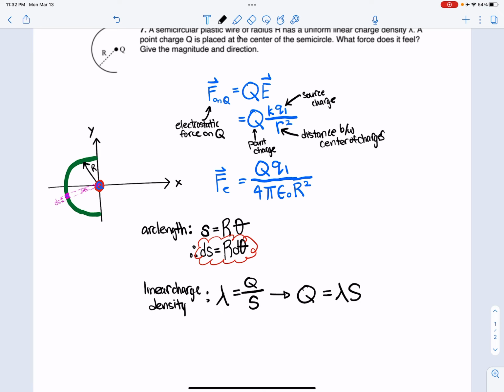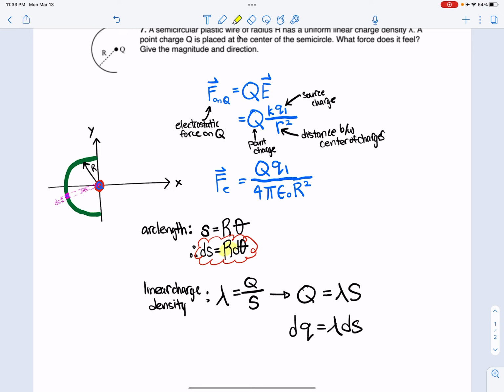So this little charge I have right here is going to have a small charge of dq, and that's going to be equal to lambda, because the linear charge density is constant, times ds.